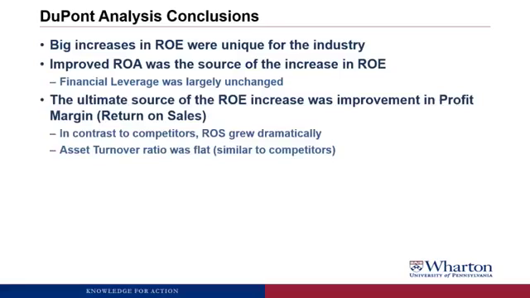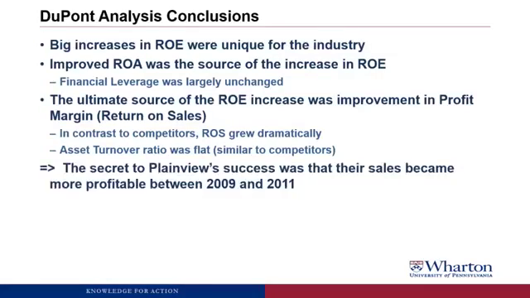The ultimate source of the ROE and ROA increase was improvement in profit margin and return on sales. In contrast to its competitors, Plainview's return on sales grew dramatically. Asset turnover, in contrast, was fairly flat, similar to the rest of its competitors. So the whole secret to Plainview's success was that their sales became more profitable between 2009 and 2011.